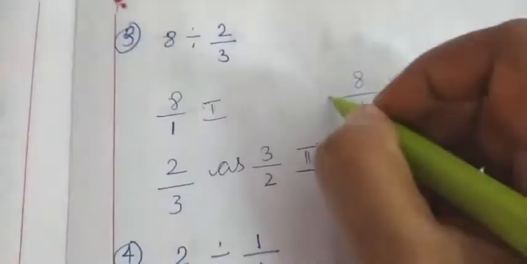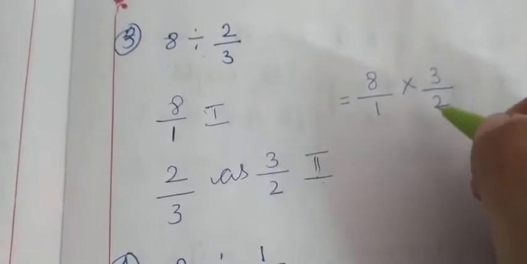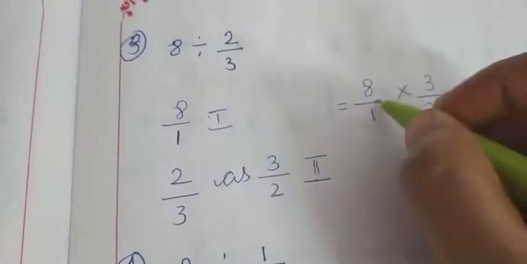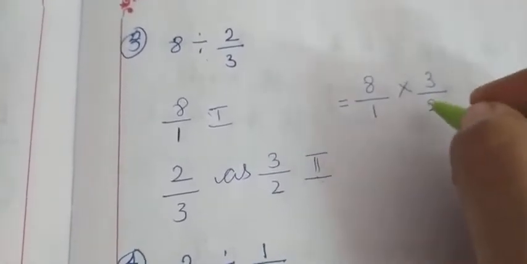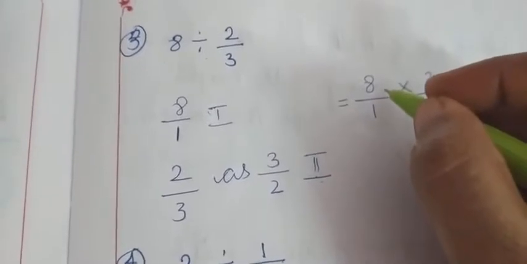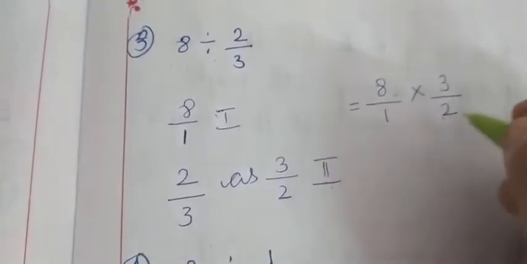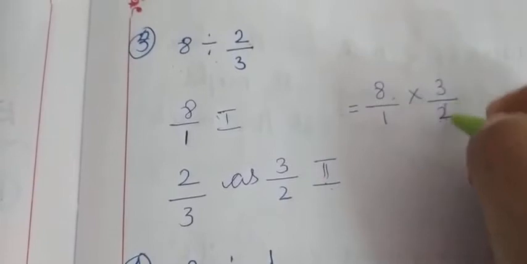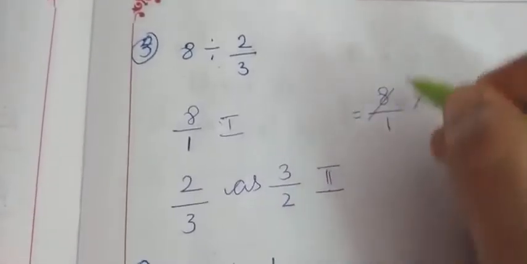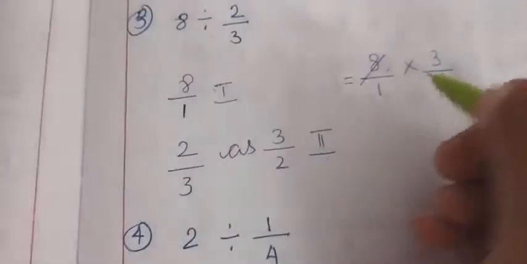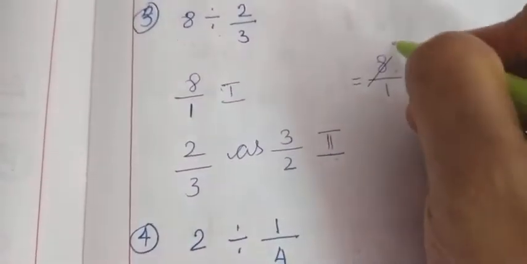Now here we can use common tables by using short method. Okay, 1 2s are 2, 4 2s are 8.